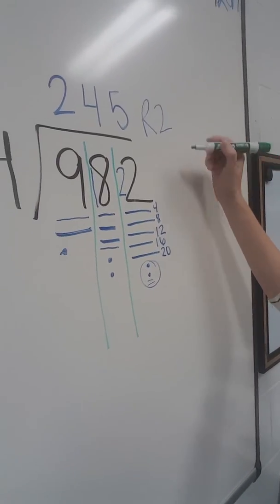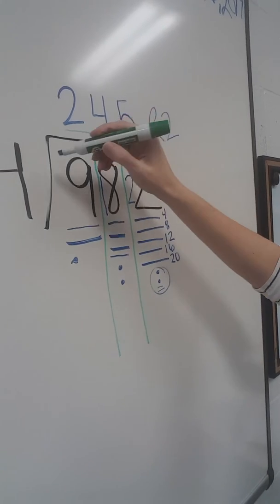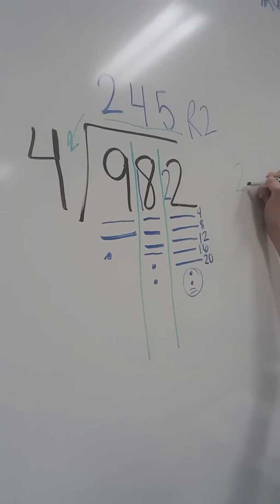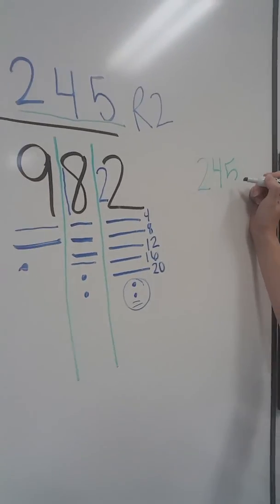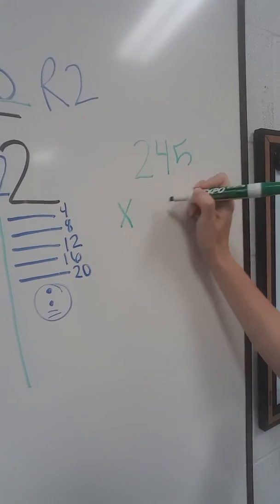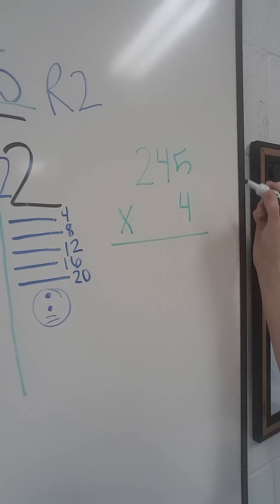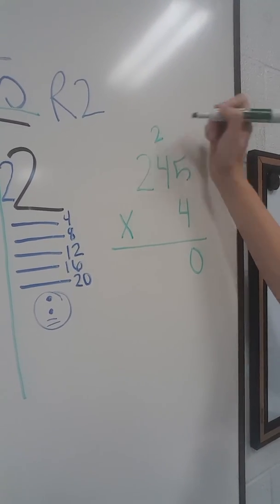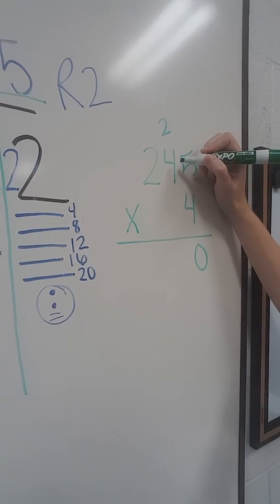When we check our answer, we have to take our quotient and multiply it by our divisor here. So we take 245. We're going to multiply it by 4. 5 times 4 is 20. We put our 0 on the bottom and carry the 2. 4 times 4 is 16.